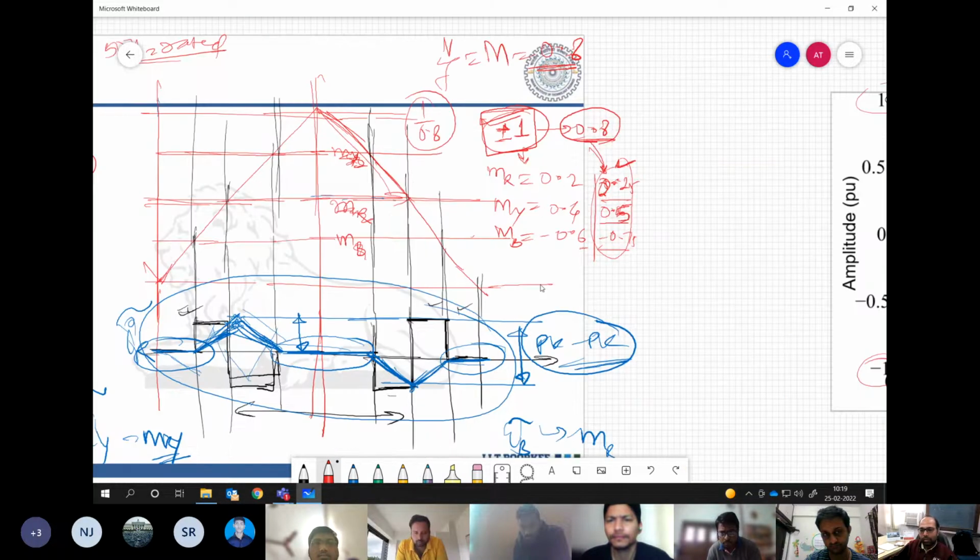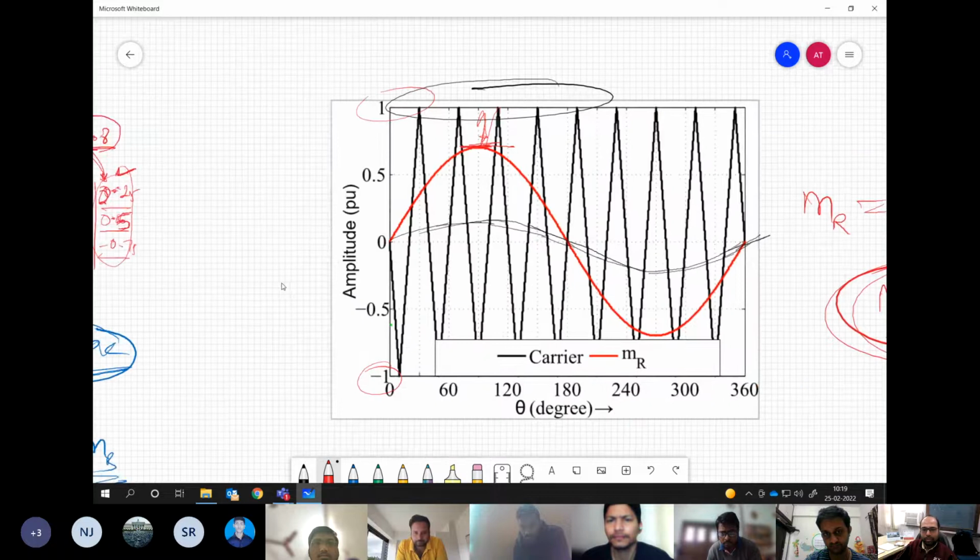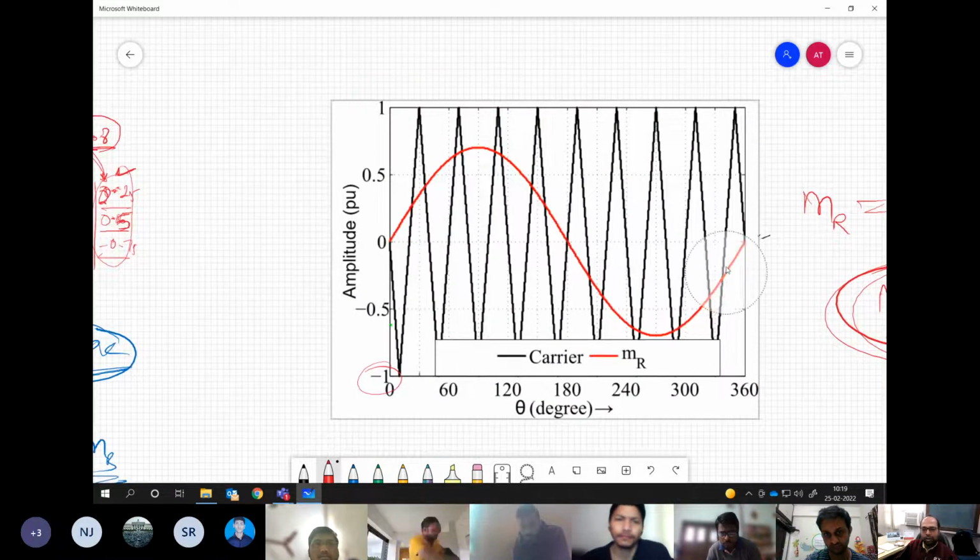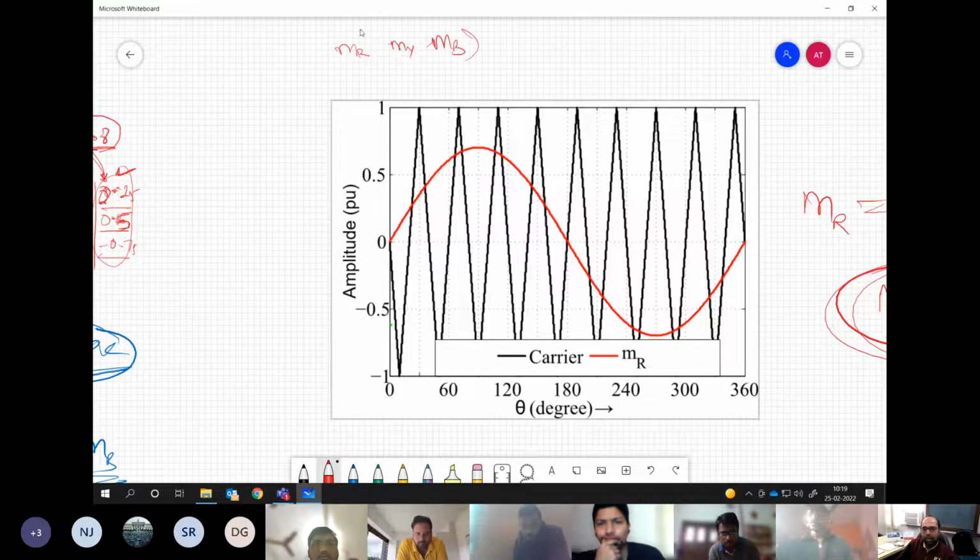So for example, I have taken this waveform here. Now let us say one of the limitations of sine triangle PWM, it's very easy and nice. We have 3 modulating signals getting compared against the carrier, and we are finding our PWM voltages. Everything is nice.